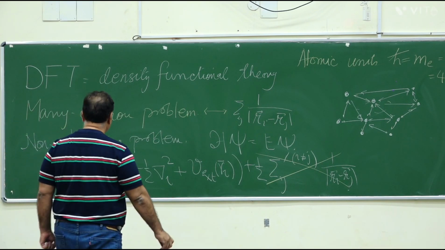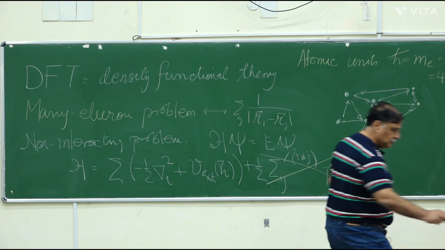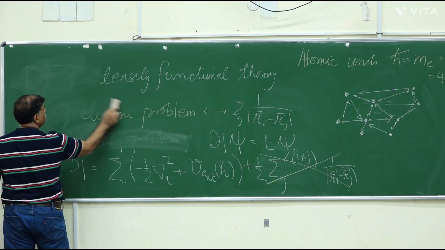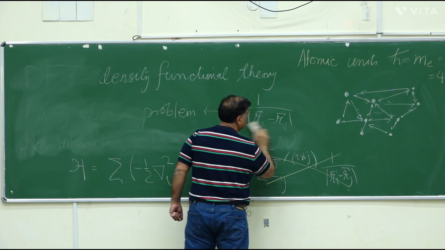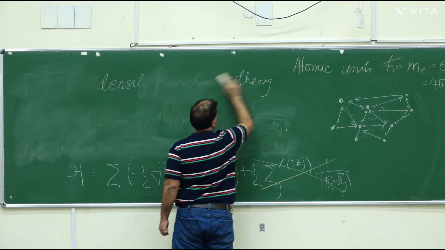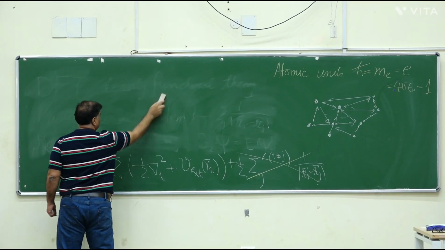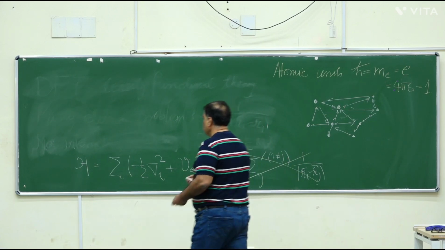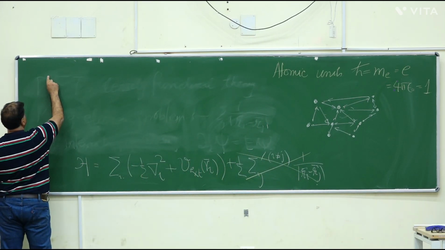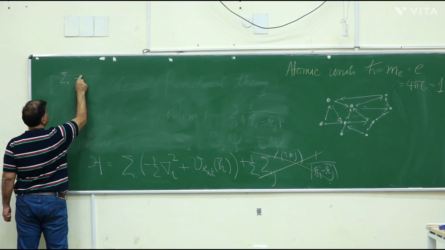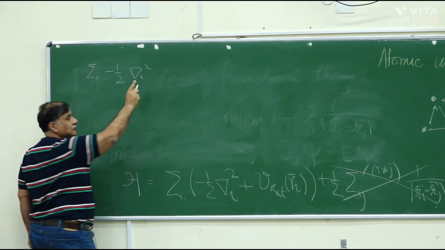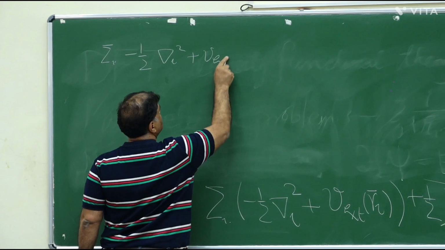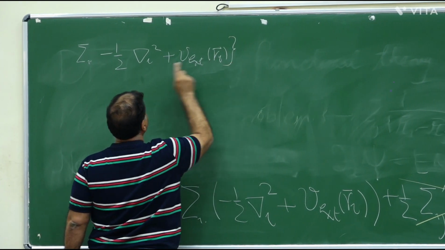Alright? So what we're going to do is solve the problem, the summation over i of minus 1/2 nabla i squared plus the external potential at Ri.